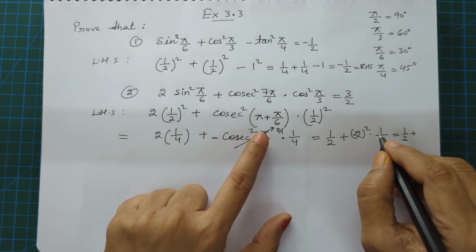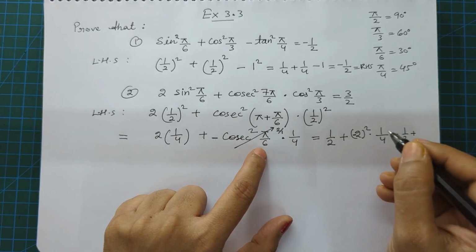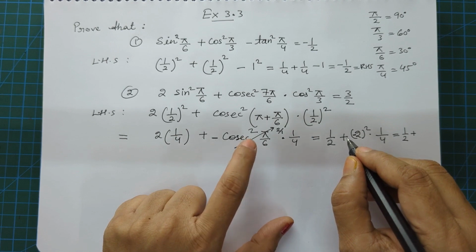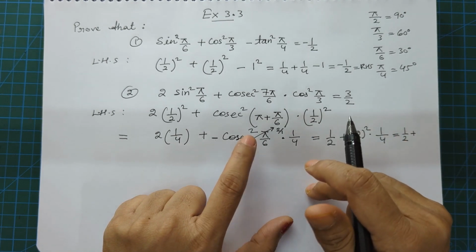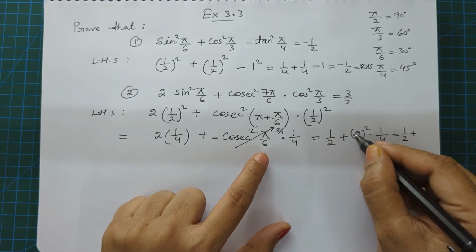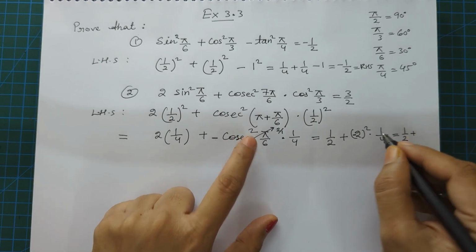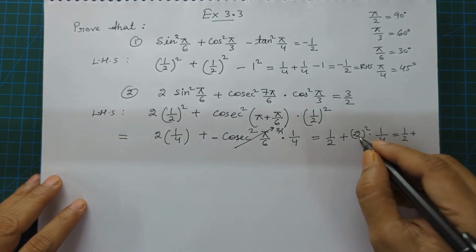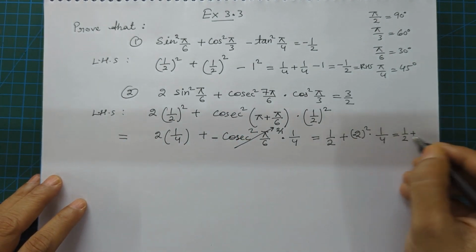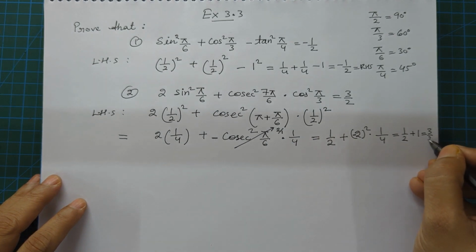So cosec pi by 6 is 2 by 1, which is considered as negative 2 because it is lying in third quadrant. Third quadrant cosec of any angle is negative. That is why it is negative inside. This negative can't affect this, and square. So negative 2 square is 4. 4 times 1 by 4 is 1. 1 by 2 plus 1 is 3 by 2.